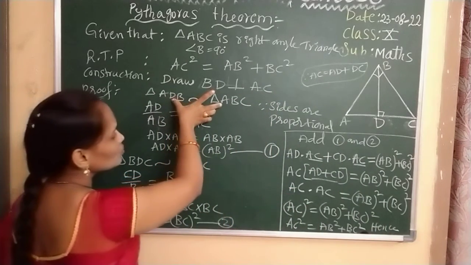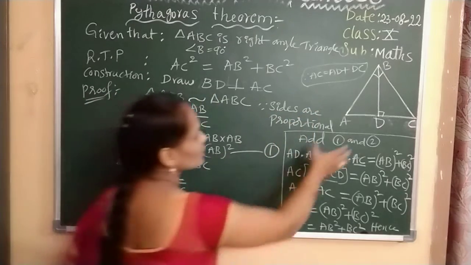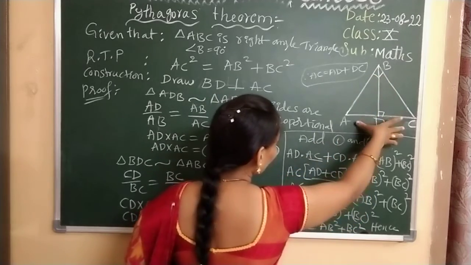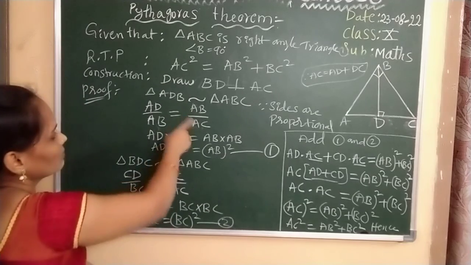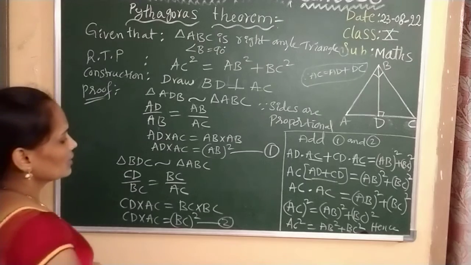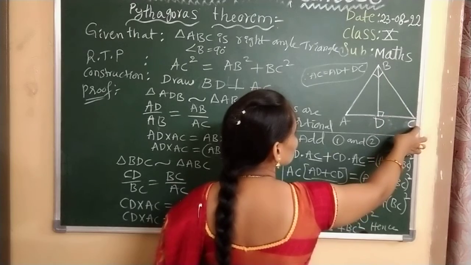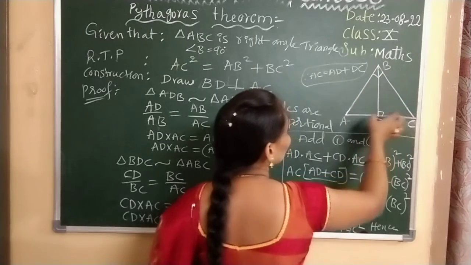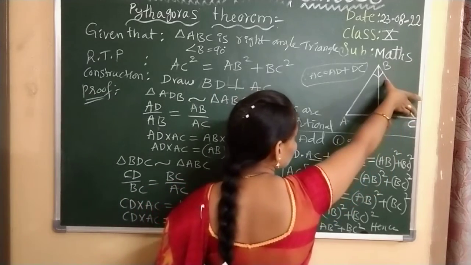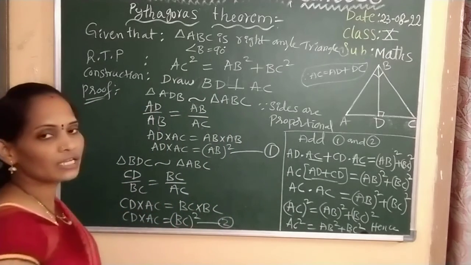Whenever two triangles are similar, sides are proportional, so AD by AB is equal to AB by AC. Do cross multiplication to get equation 1. Next, for the second small triangle, BDC is similar to ABC. So CD by BC is equal to BC by AC. Do cross multiplication and you will get equation 2.